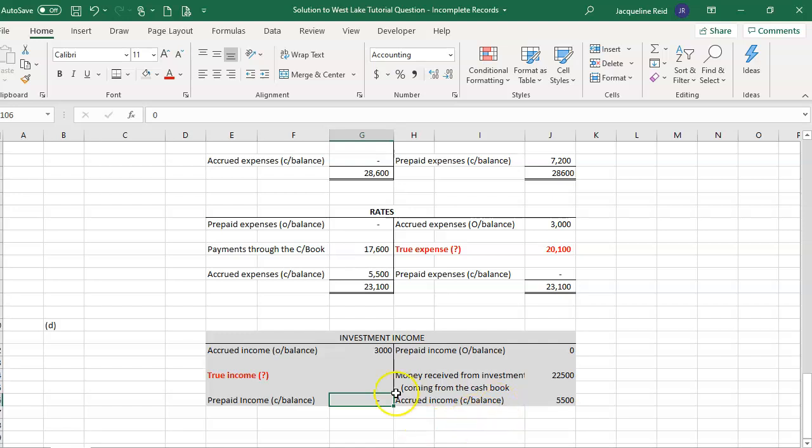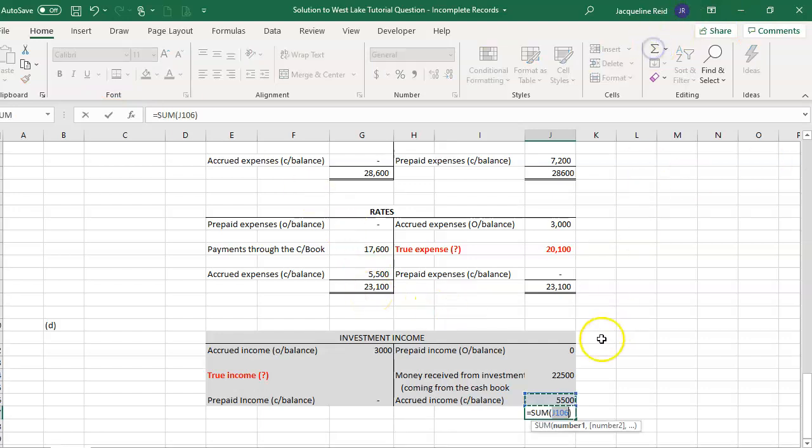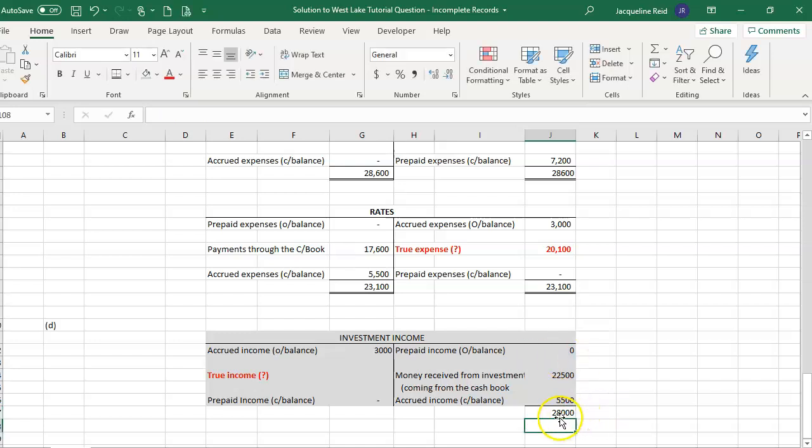So it means, therefore, that we can now calculate what the true income is. And we're going to use the same approach as we did with the expenses. We're going to find the total for the one side, and then we're going to make sure that that total applies on the other side where the missing figure is needed.